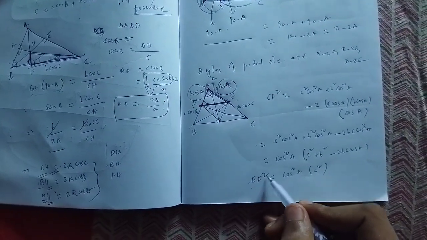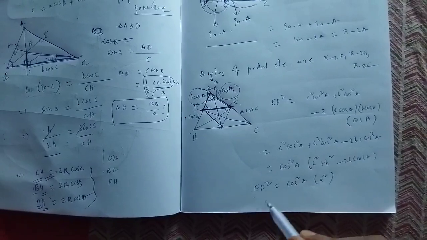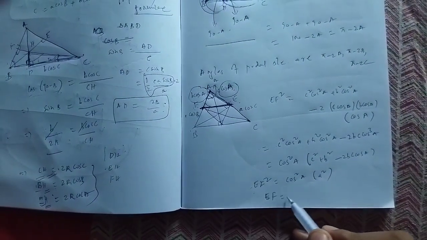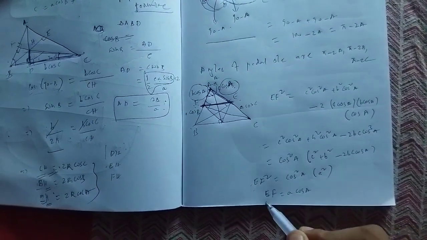EF square equals cos square A into A square, so EF equals A cos A.